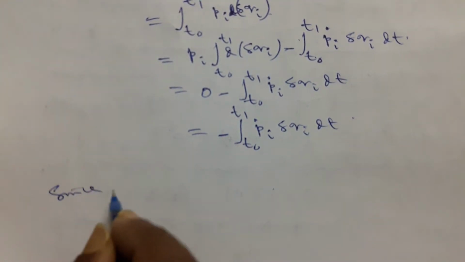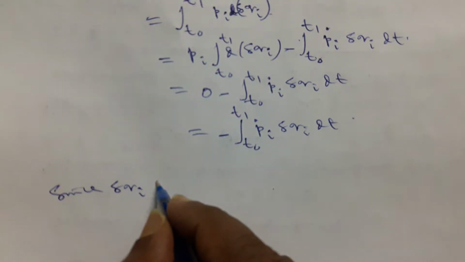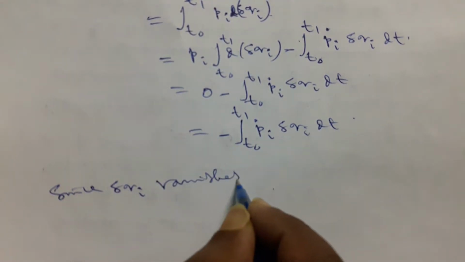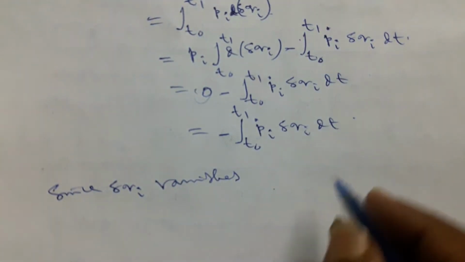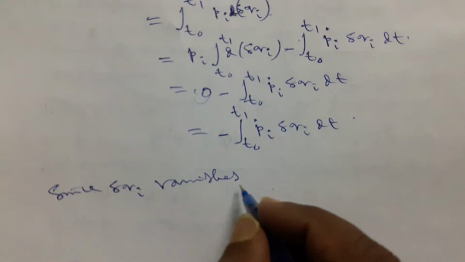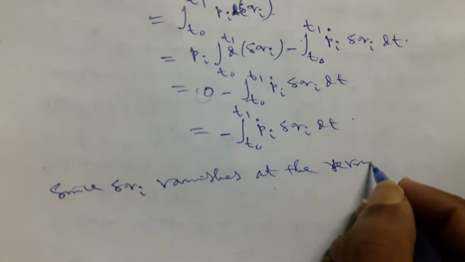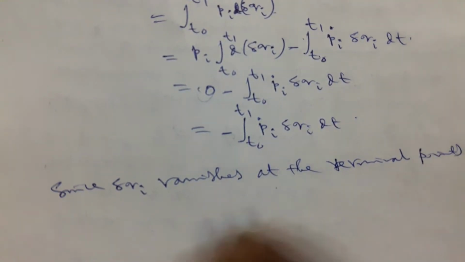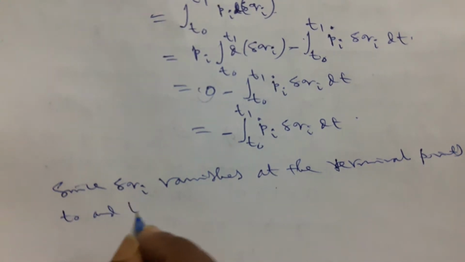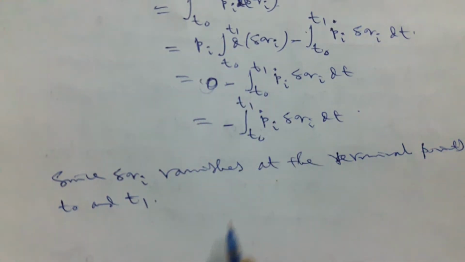So we find this way, since del qi vanishes, this term is 0 at the terminal points t0 and t1, because that zero occurs here.